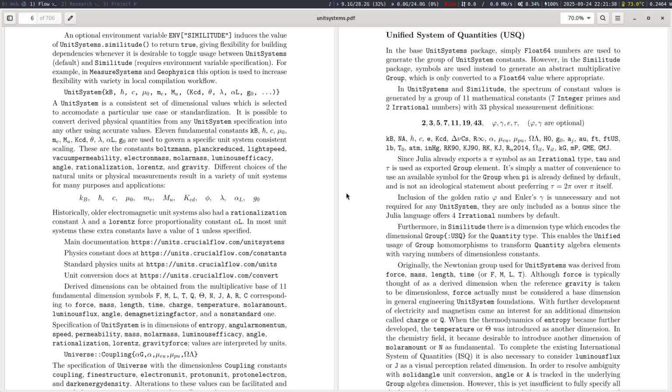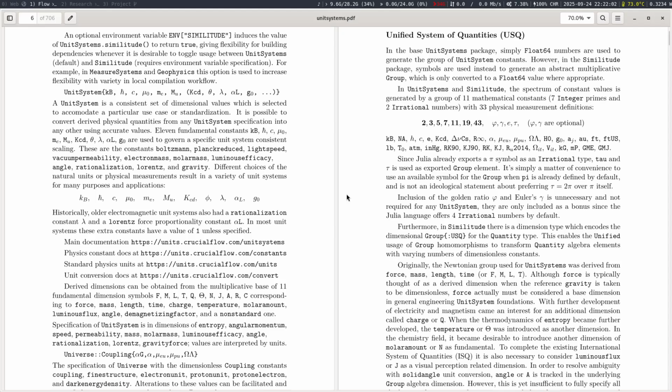However, in the similitude package, there are symbols and a group algebra that is used to generate an abstract multiplicative group, which is only converted to a Float64 value where it's appropriate, like when printing out the result.